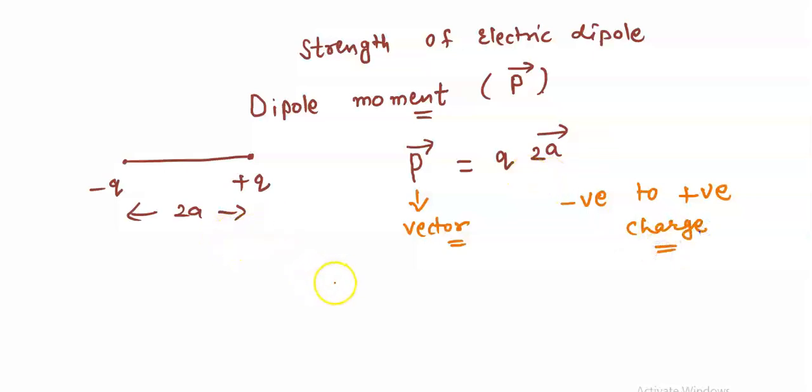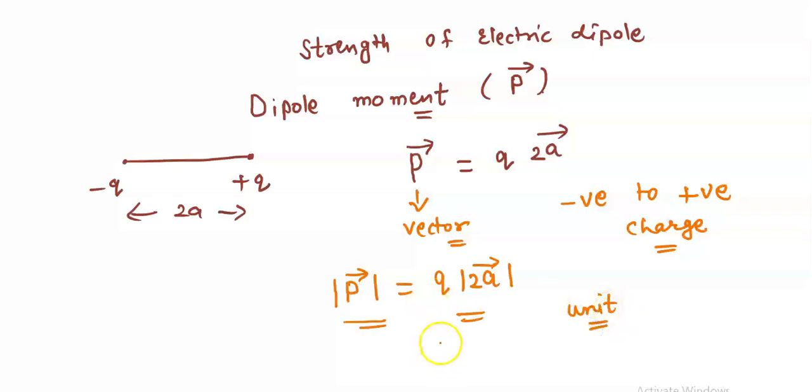As far as its magnitude is concerned, the magnitude of P vector is equal to q into magnitude of 2a vector. This is how you can find the strength of the electric dipole. As far as the unit is concerned, the unit is Coulomb meter.